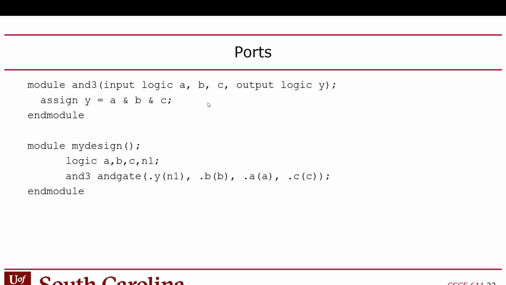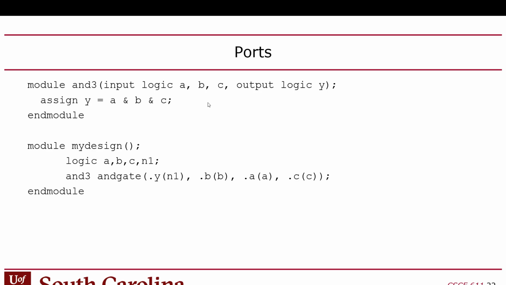What's happening is that I'm instancing the AND3 module. I call it AND gate, but again, that name is irrelevant. It's just there so that when you simulate it, you can see those names. You don't use the name for anything other than the simulator. When you instance the AND gate, you use a kind of Pythonic style syntax where you say .y.